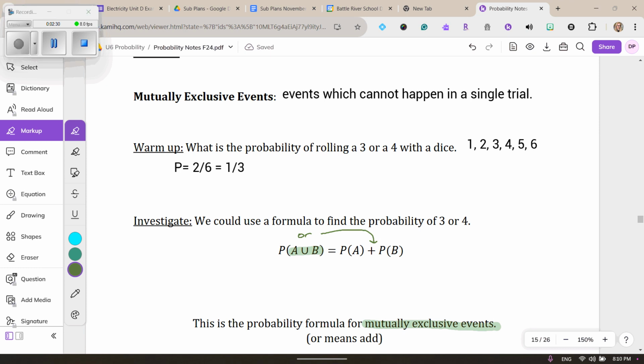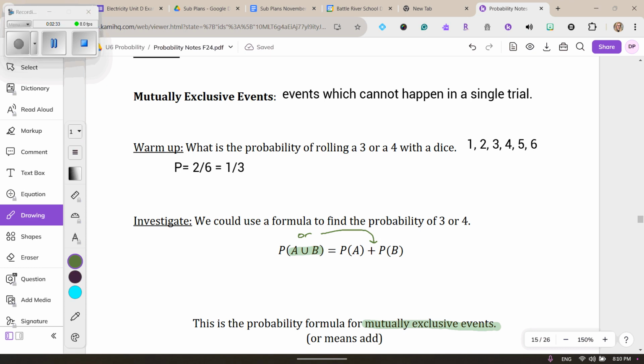In the case of our dice example, we would write it as the probability of a 3 or 4 using our union notation. So we could add the probability of a 3 plus the probability of a 4.